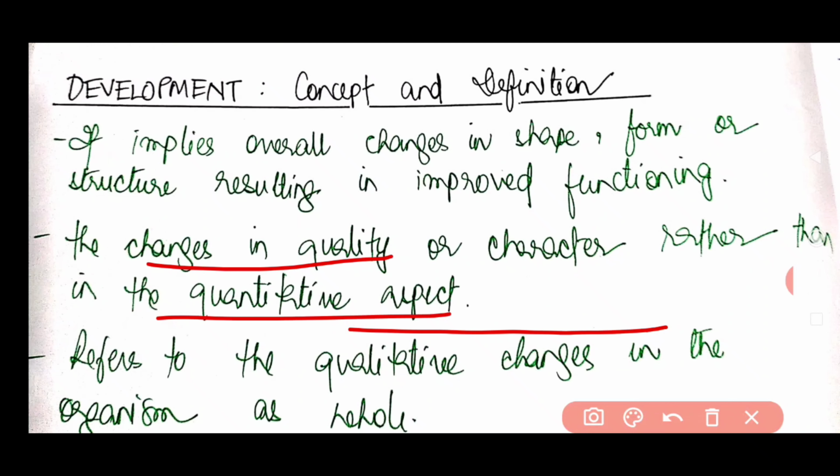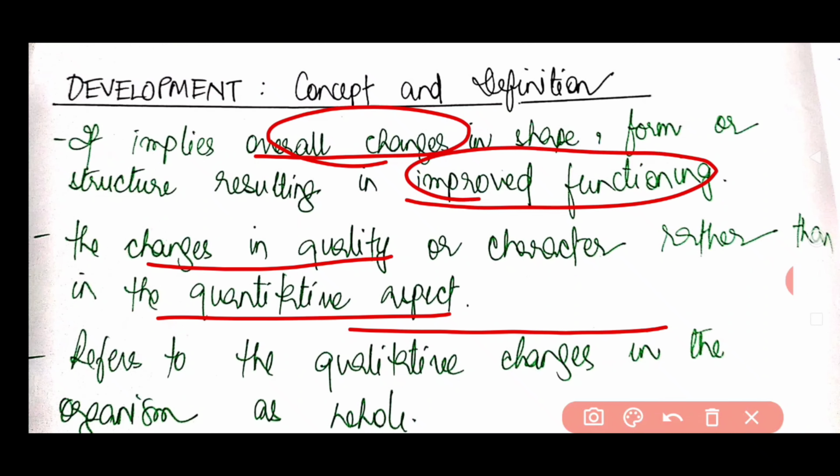Development implies overall changes in shape, form, or structure, resulting in improved functioning. So the most important goal of development is it should lead to an improved functioning, an improved working of the individual. And yes, note the word overall changes.